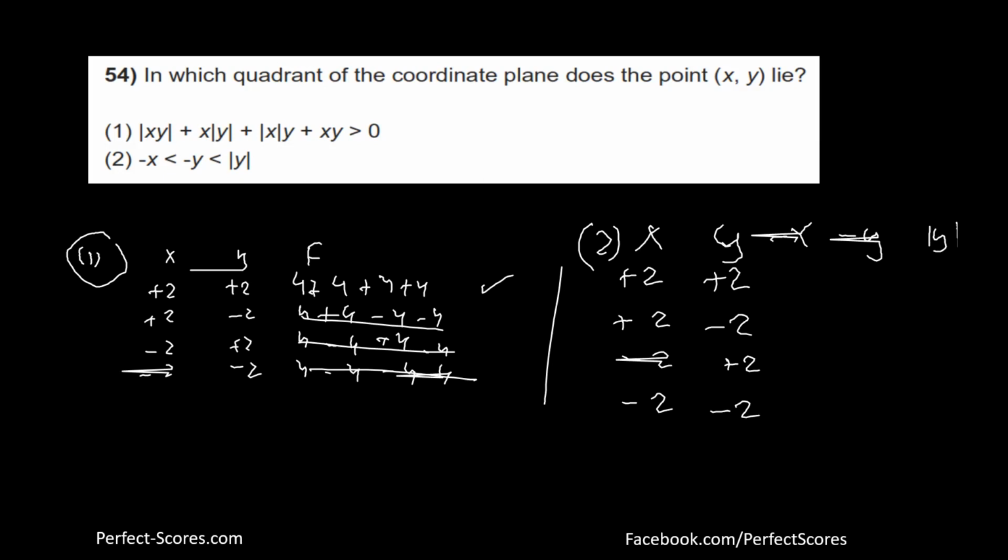Don't do it in your head, just write it down. So what is negative of x? That is negative 2, positive 2, and positive 2. Negative of y, that is negative 2, positive 2, negative 2, positive 2. And this is just 2, 2, 2, 2. And check where the fact is satisfied. So this is supposed to be less than this, and this is supposed to be less than this.